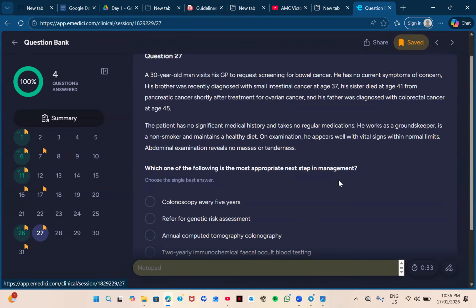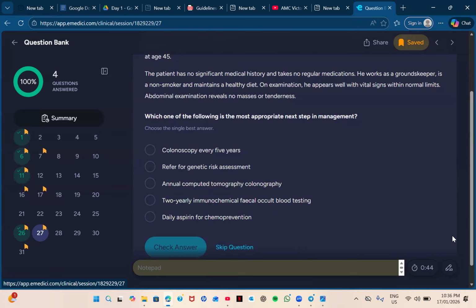The patient has no significant medical history, takes no regular medications, and works as a groundskeeper. He is a non-smoker and maintains a healthy diet. There are no abdominal masses or tenderness. So what should we do? That's the next step.